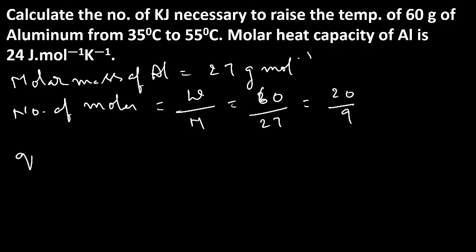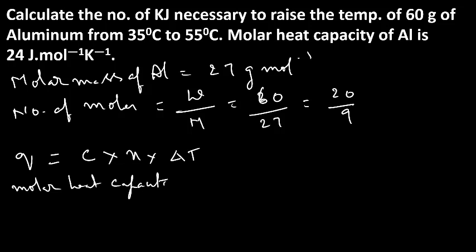Now quantity of heat required equal to C, that is molar heat capacity, into number of moles into rise in temperature. What is C? C is molar heat capacity into number of moles into rise in temperature.